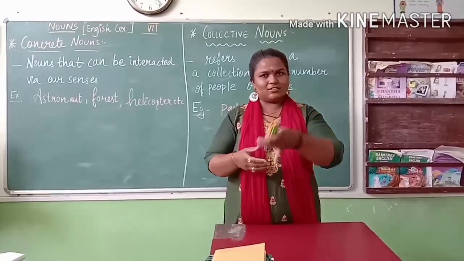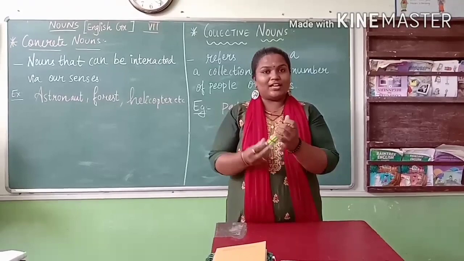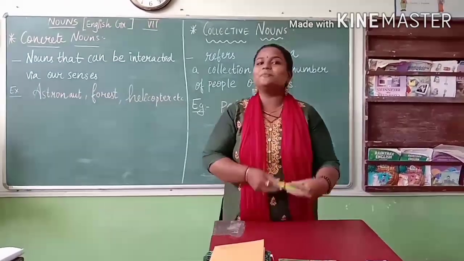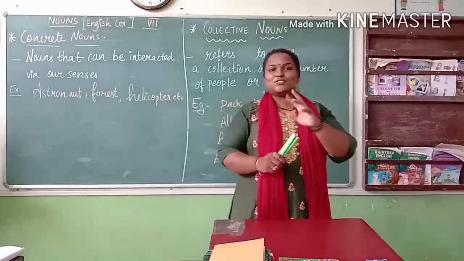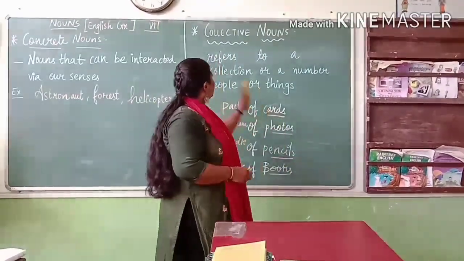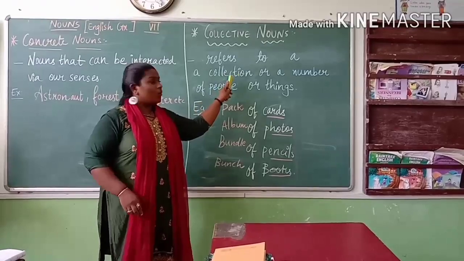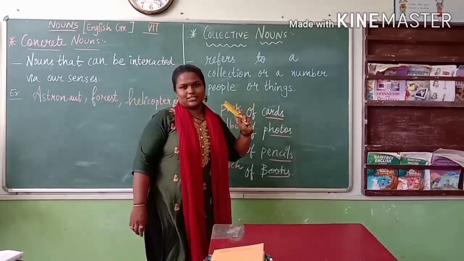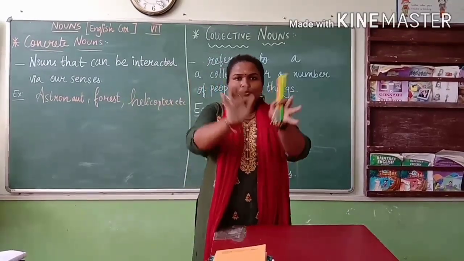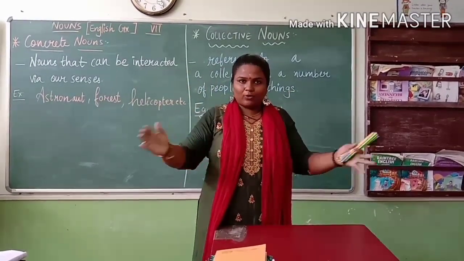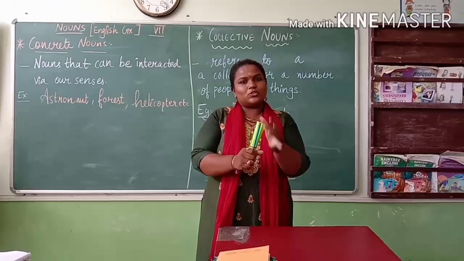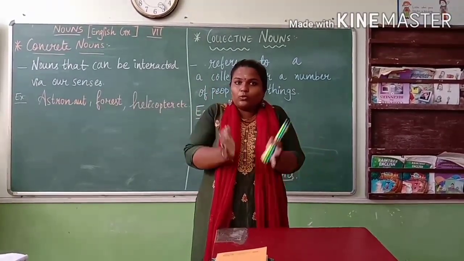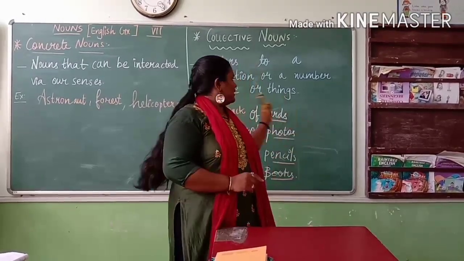So it is a bunch, a bundle of pencils. So which is the noun that we are going to do? Collective nouns. Yes. So what are collective nouns? They refer to a collection or a number of people or things. जब group, collection, पूरा एक set, एक पेंसिल था, उसको मैंने सेट किया, ग्रुप बनाया, तो इस ग्रुप को हम कहते हैं कलेक्टिव नाउन्स. जब वो नाउन्स का पूरा ग्रुप बनाएंगे, उसे कहेंगे कलेक्टिव नाउन्स.